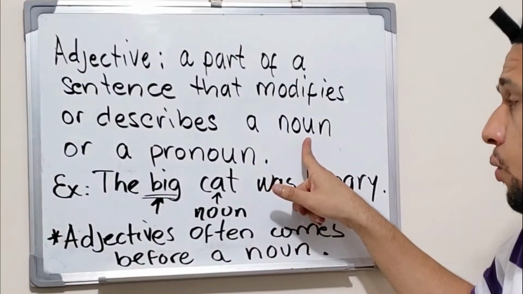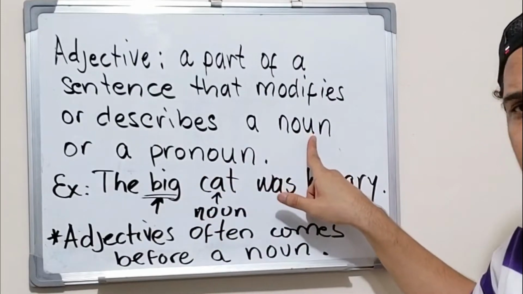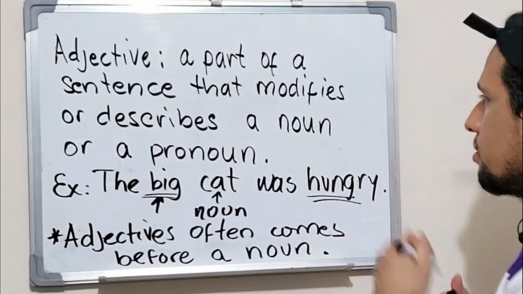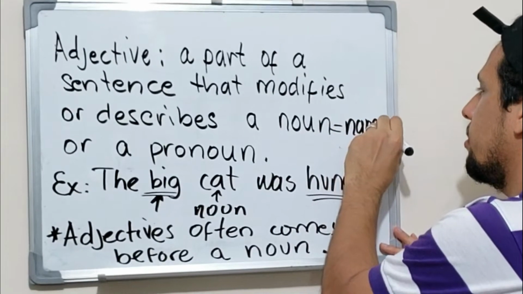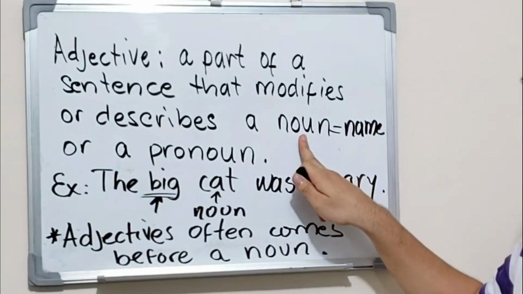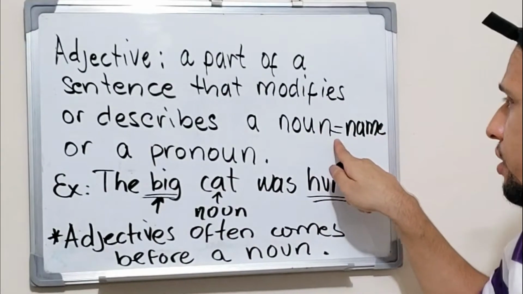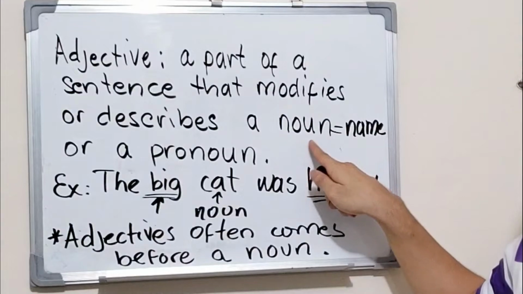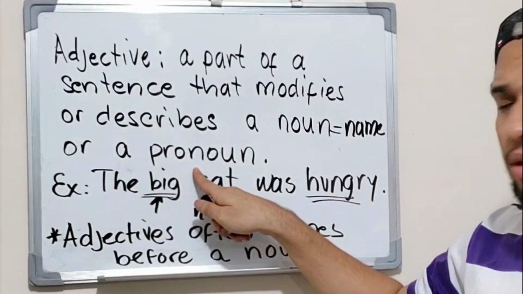The question is, what is a noun and what is a pronoun? Nouns are names. A noun equals a name. So nouns are names. And pronouns, right?